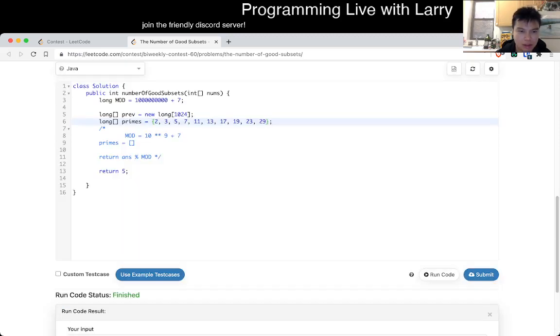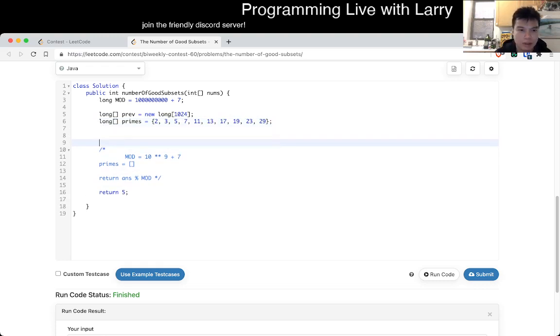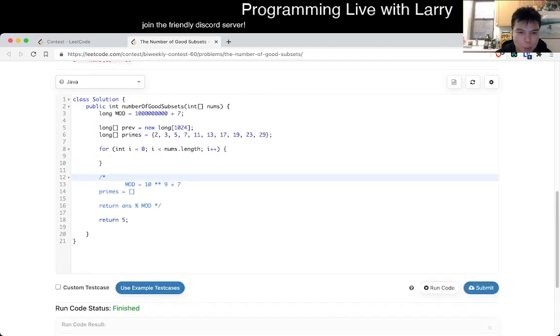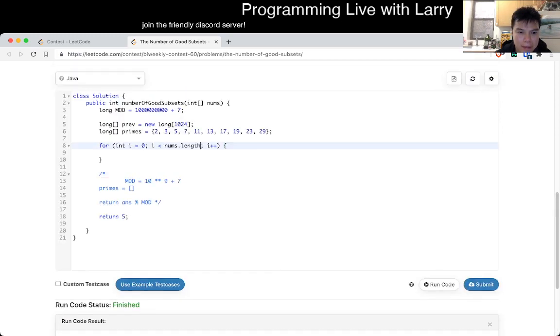Okay. I think there's a for each loop in Java too, but I don't want to look it up. Okay.